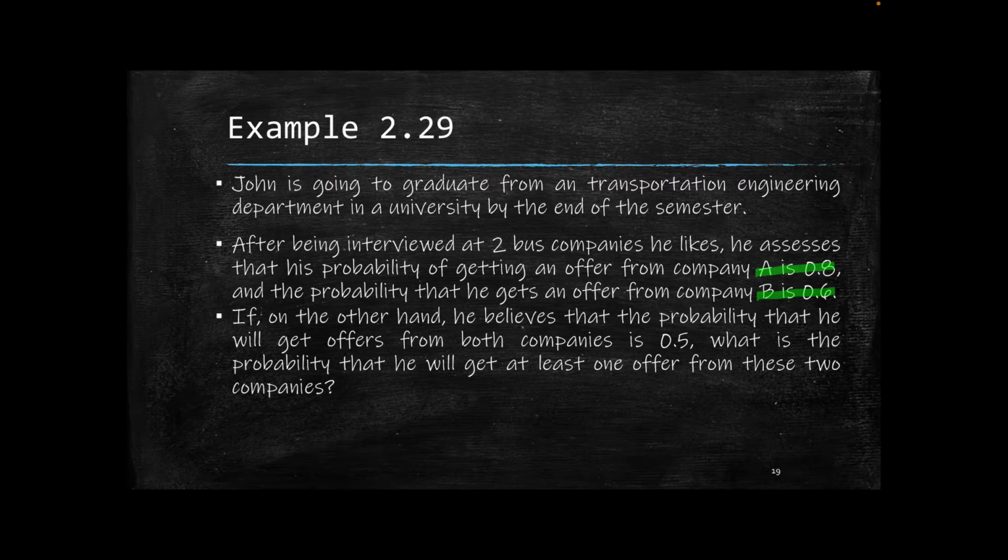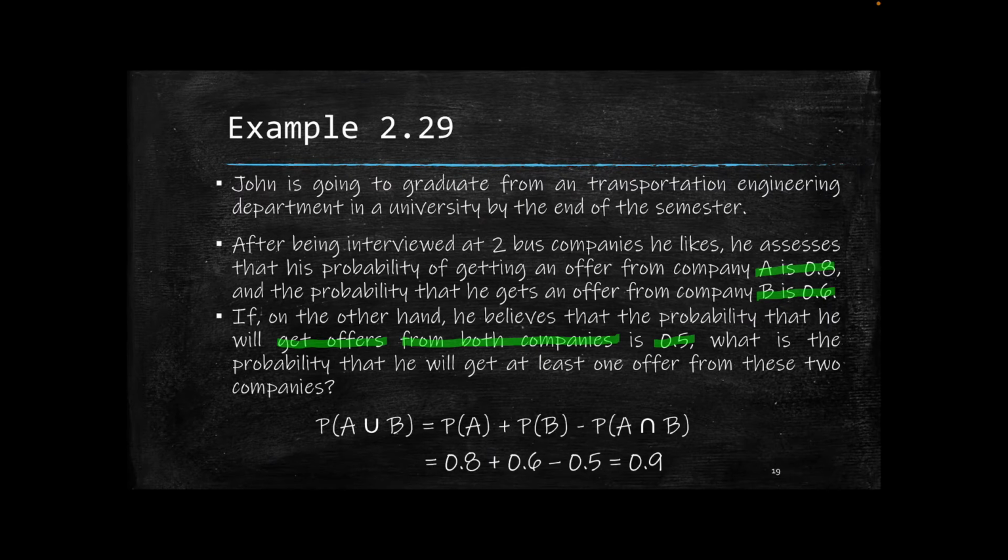Then, the probability of getting offers from both companies is P(A intersection B), which is equal to 0.5. Therefore, applying the additive rule, you will get 0.9, or 90% chance of getting at least one offer from these two companies.